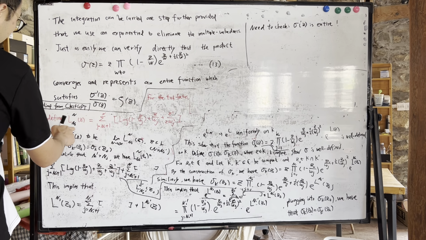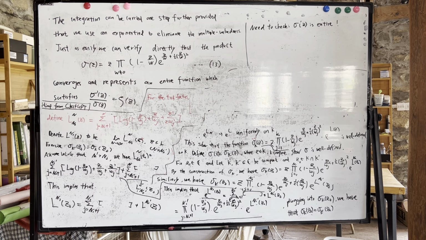So basically I want to look at these functions, right? Because I know that this sigma kz is the limit of this function.